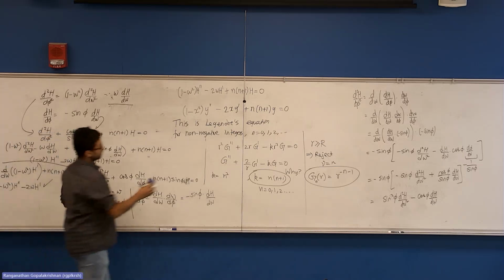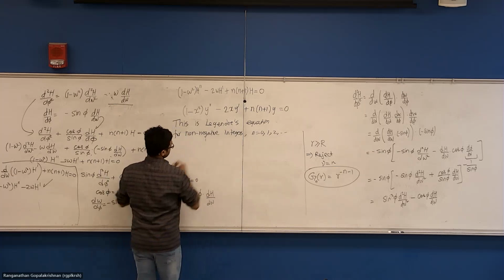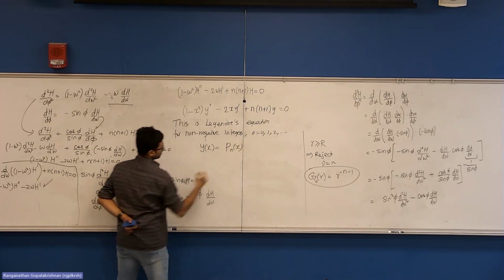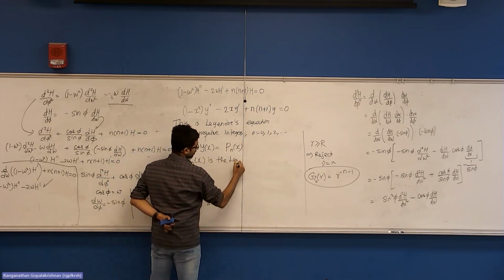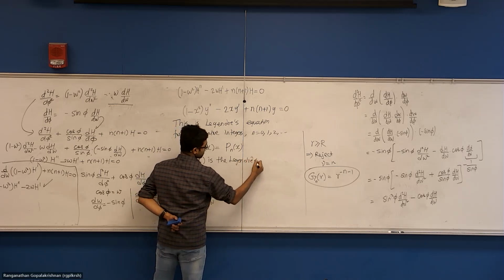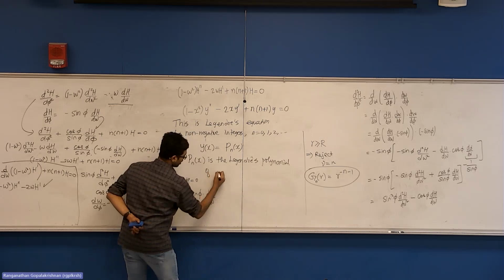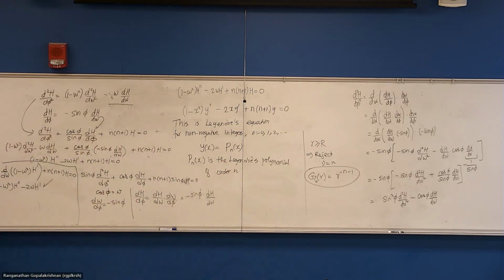The solution to this equation is y of x equal to Pn of x, where Pn of x is the Legendre polynomial of order n. And for the sake of completeness, I'll also write the polynomial.